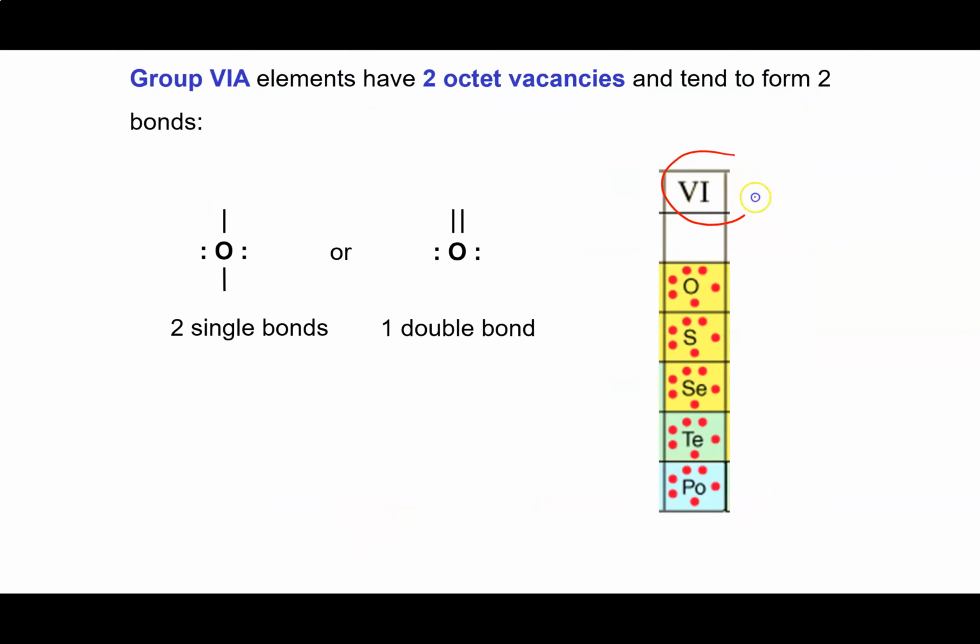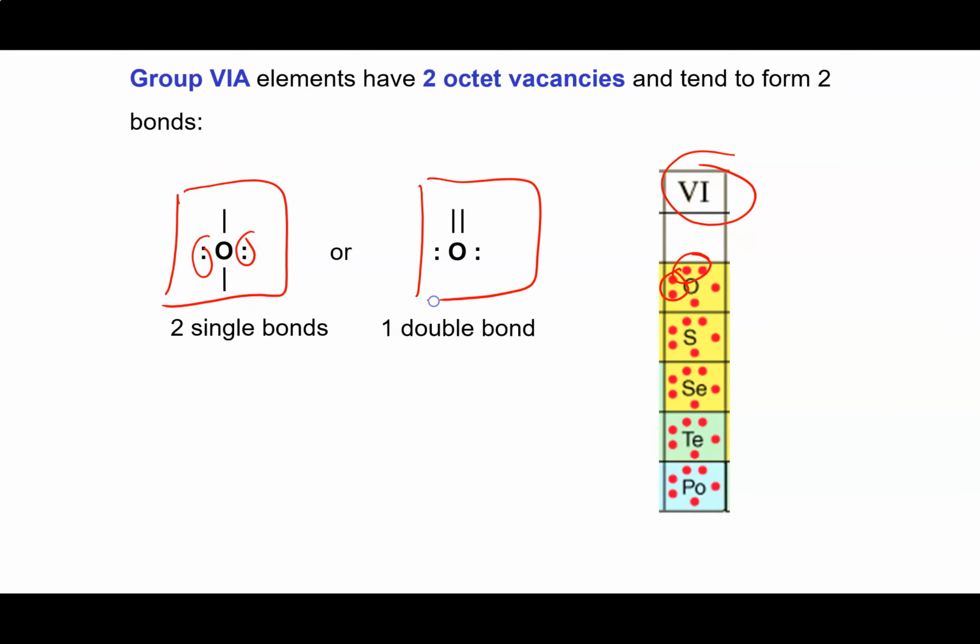So when we get to group 6A, these elements have two octet vacancies. That means there are a couple of different bonding patterns we're going to see. We're going to see them form typically two single bonds, leaving them with two lone pairs, or one double bond, again with two lone pairs.